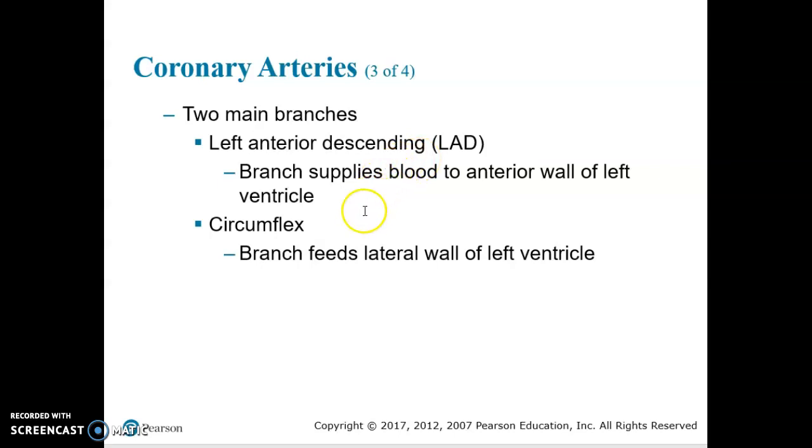And then it also branches off into what we call the circumflex, which feeds the lateral wall of the left ventricle, the left side wall. So make sure that you know that. You will be seeing that. I'm sure you will have questions on that.